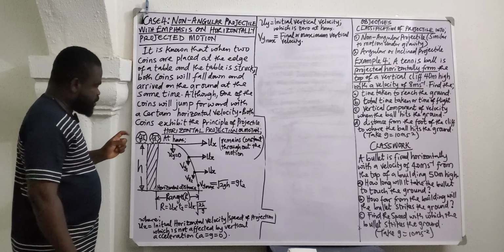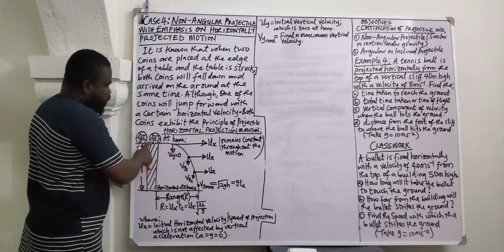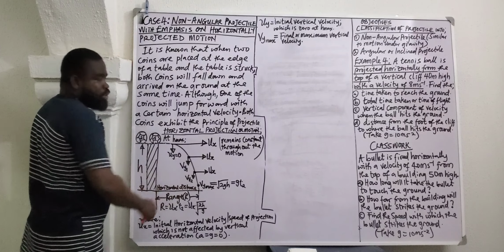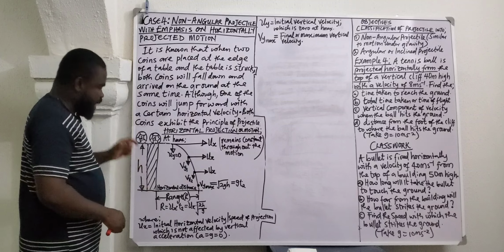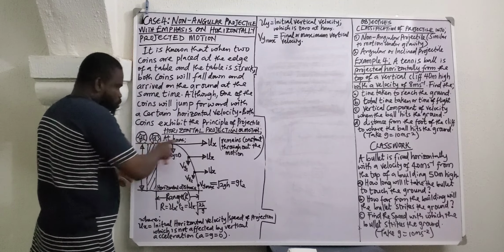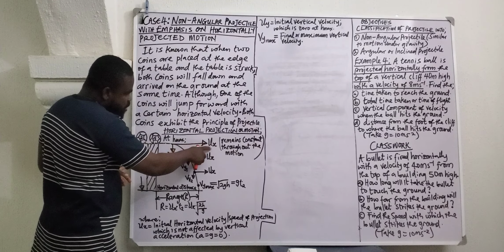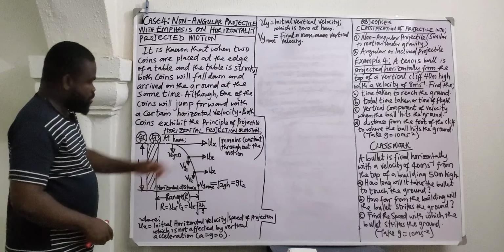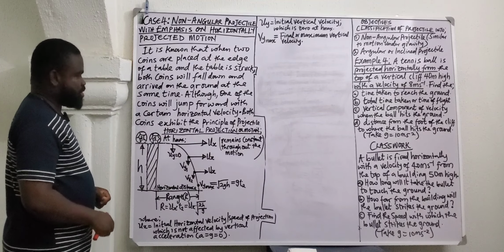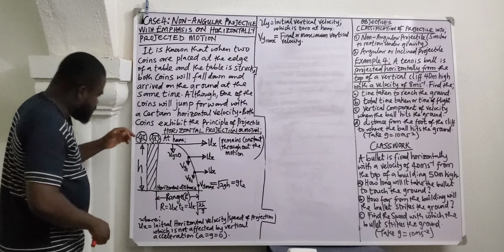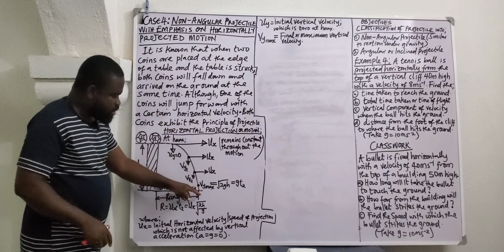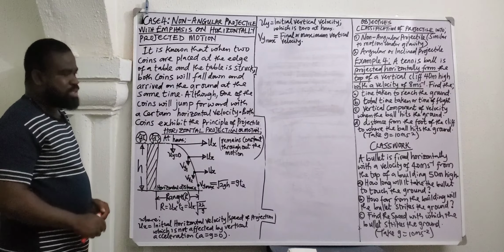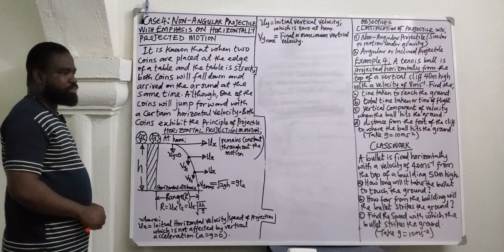What are we saying? If coin 1 falls under gravity from this height, as coin 2 is thrown or projected with a velocity u subscript x from this same height, both bodies will strike the ground at the same time.